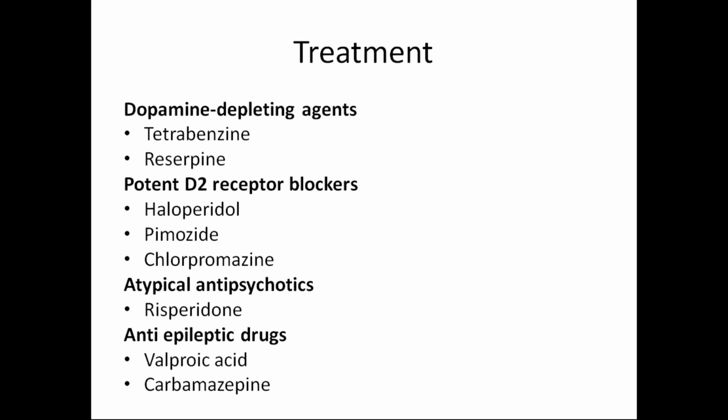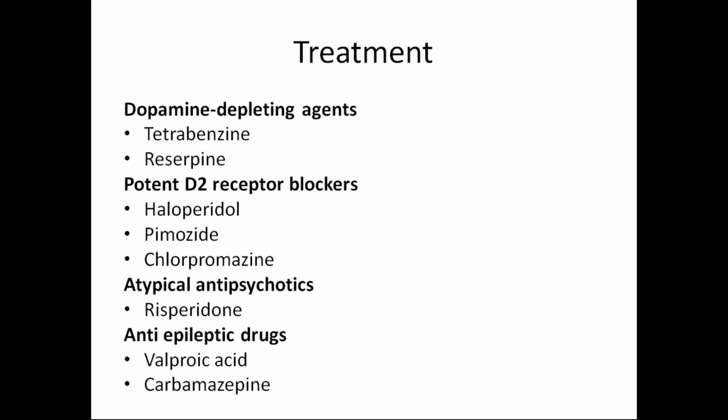So dopamine depleting agents like tetrabenazine and reserpine, and potent D2 receptor blockers like haloperidol, pimozide and chlorpromazine can be used. Atypical antipsychotics like risperidone can be used. And anti-epileptic drugs like valproic acid and carbamazepine can be used.